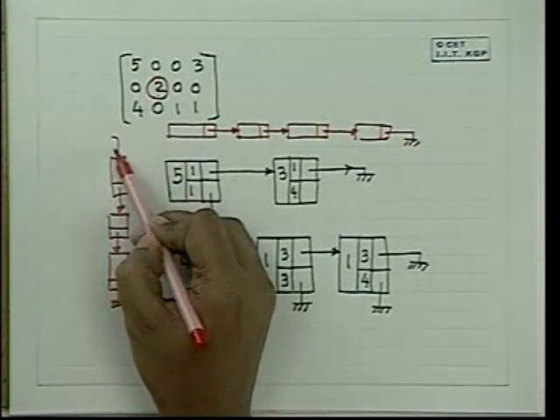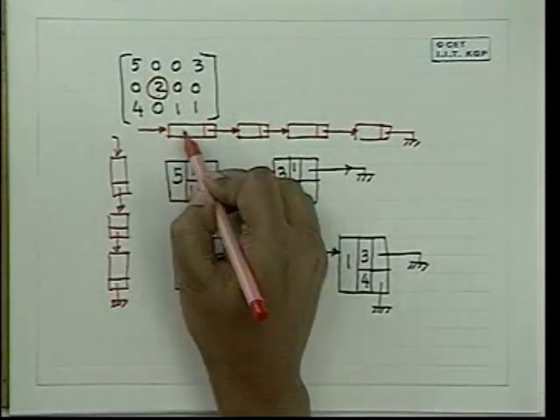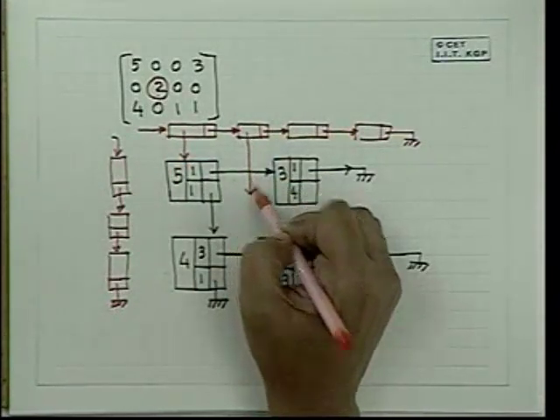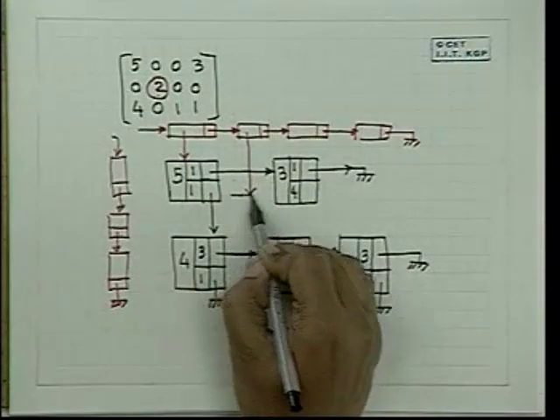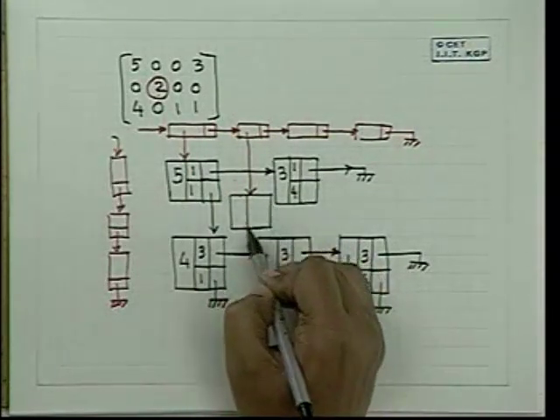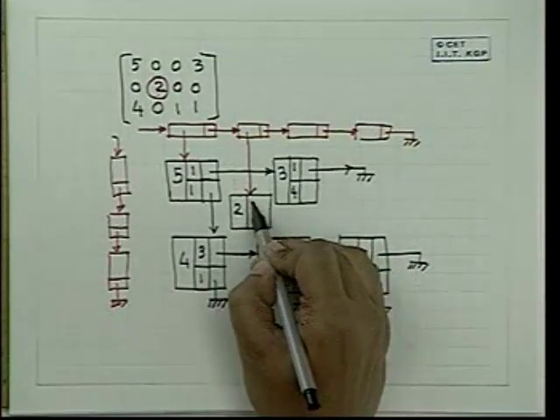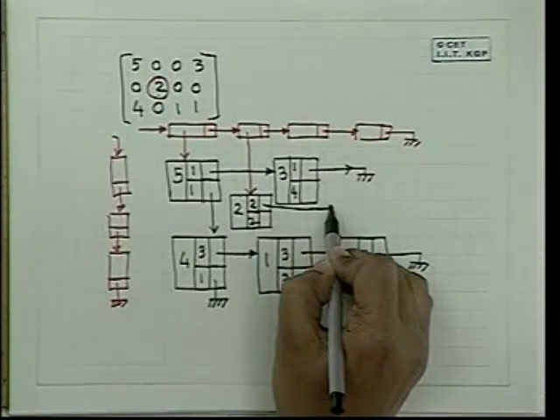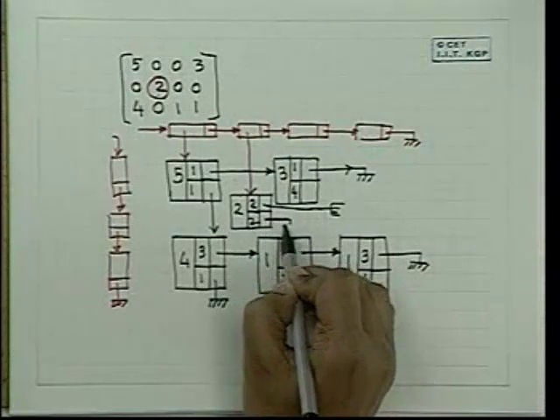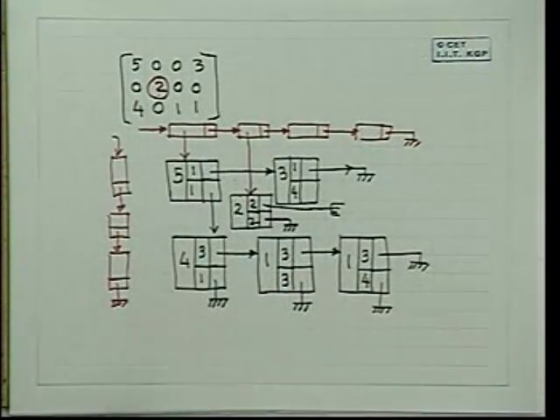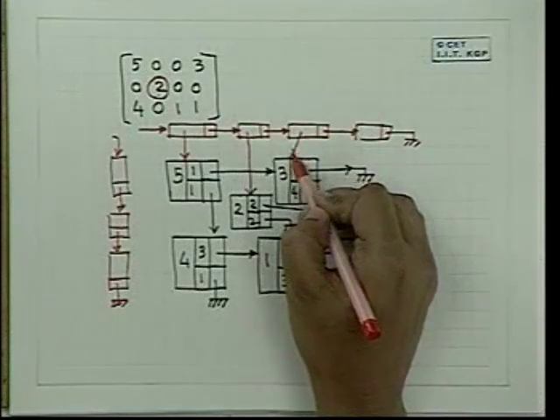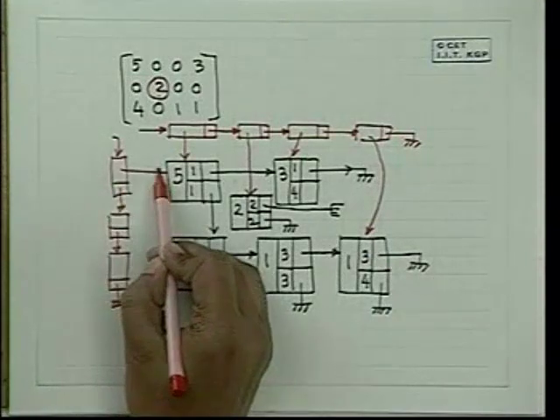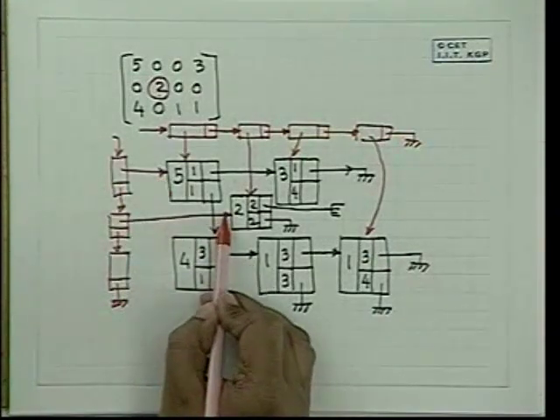So this is the row and this is the column. This will point here. This will be pointing to that second element, 2 2. Now this can be grounded and this can also be grounded. There is no difficulty. This will point here, this will point here, this will point here, this will point here.